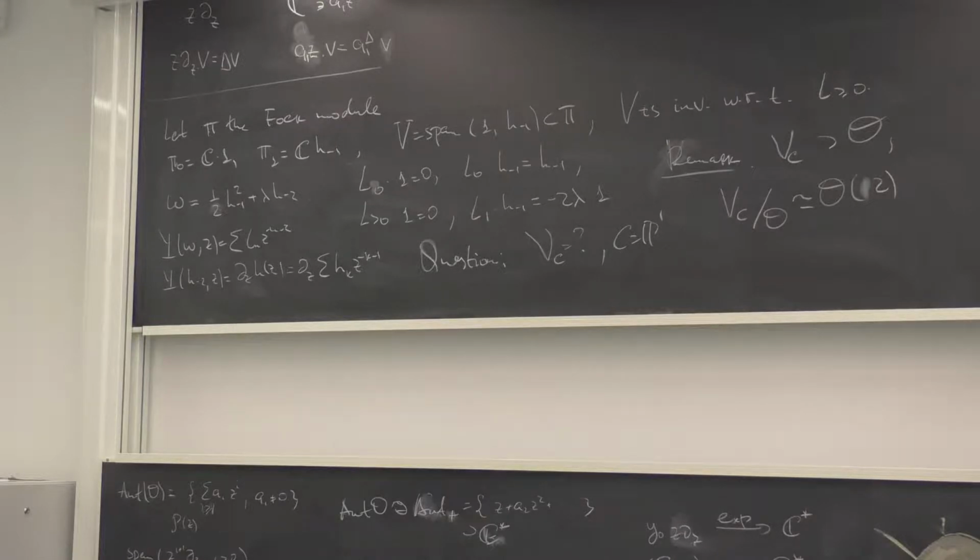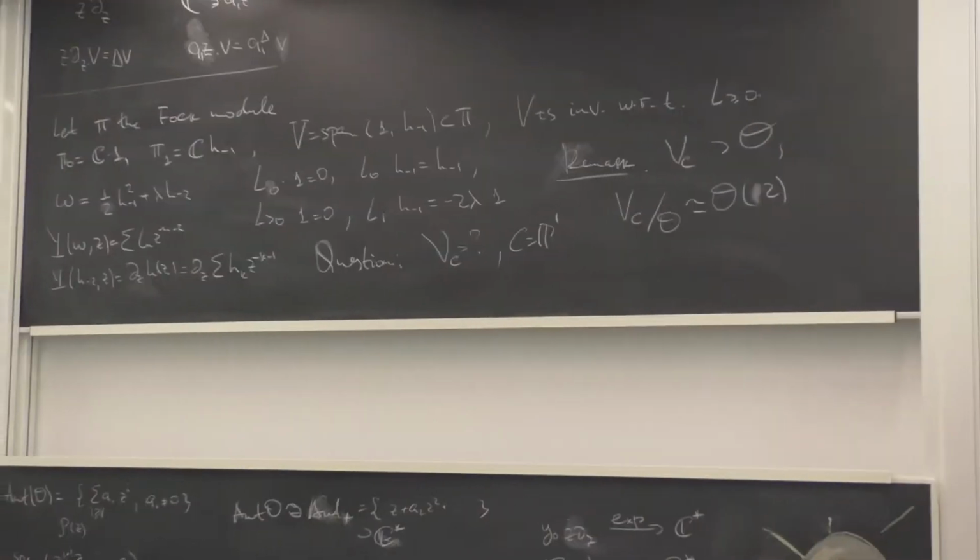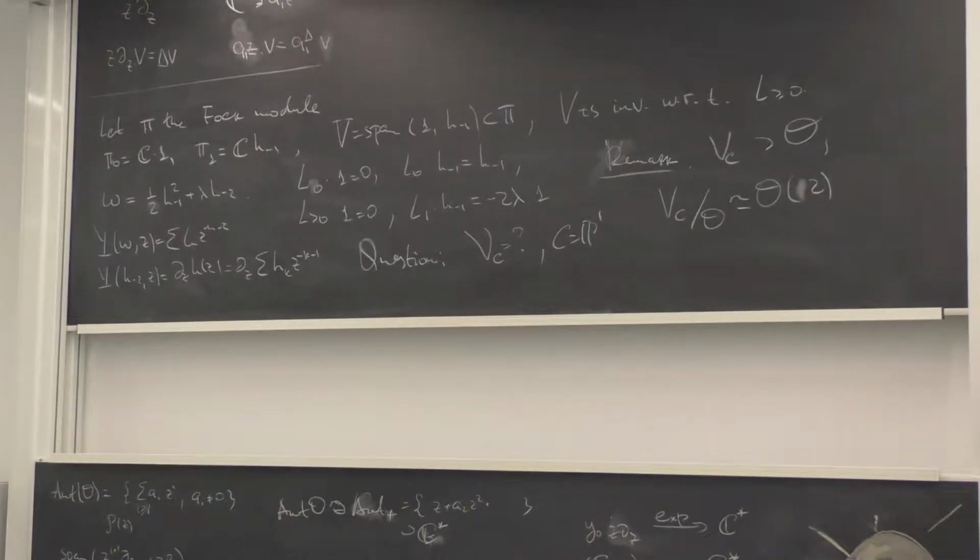So any Aut O submodule defines a subbundle. Because they commute in the same way how z to the i plus 1 dz commute.